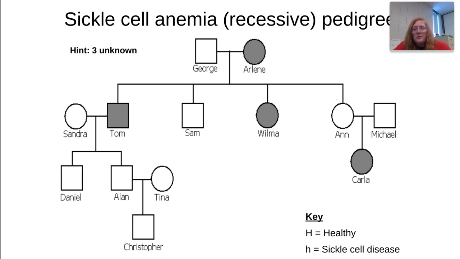So we know in this case, we're going to stick to big H for healthy again and little h for sickle cell. So this is also recessive. You have to have 2 little h's to be sick with sickle cell. And I have yours so that you can go ahead and write in the genotypes on that. Your last thing to do today will be to go and tell me who your 3 unknown people are.